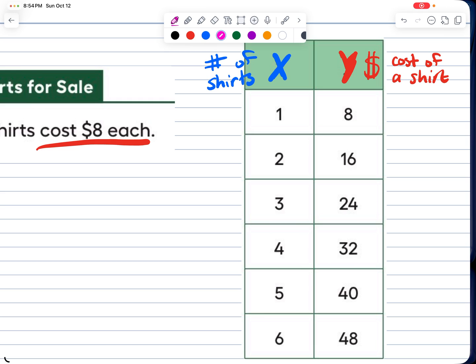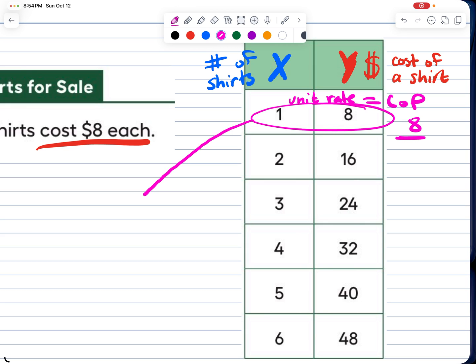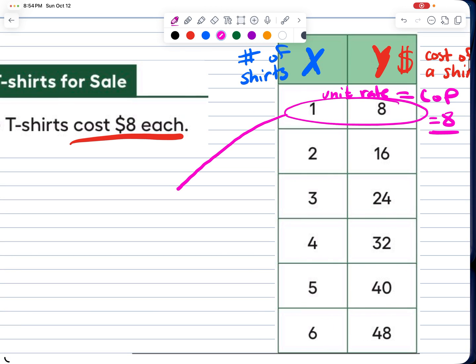Reminder that we can look at this here. You can already tell that this is a unit rate. The unit rate is the constant of proportionality, so based on this, it should be 8. But let's make sure. If you remember, the constant of proportionality is equal to Y divided by X. Let's get the smallest numbers because that's the easiest option.